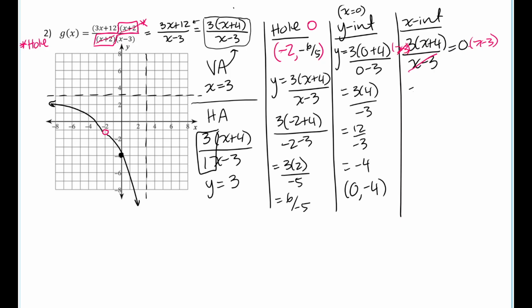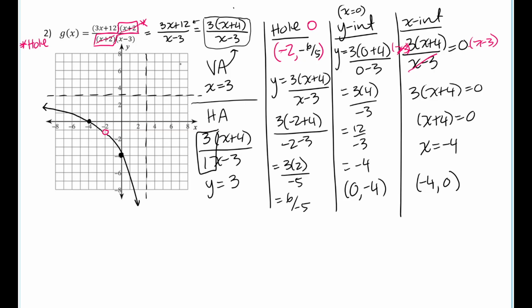I'm left with 3 times x plus 4 equals 0. If I divide by 3 on both sides, I have x plus 4 equals 0, because 0 divided by 3 is 0. Then I subtract 4 from both sides, so I get -4. So we have an x-intercept at -4, 0, which I almost drew correctly, but there we go. We just have 3 points on this side.